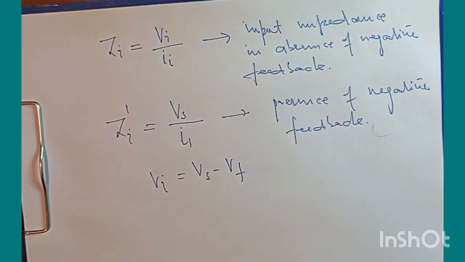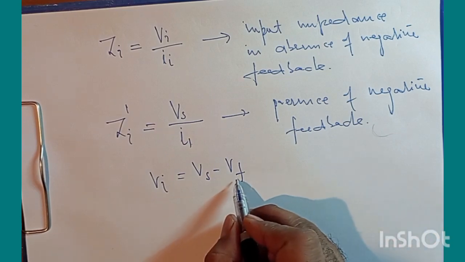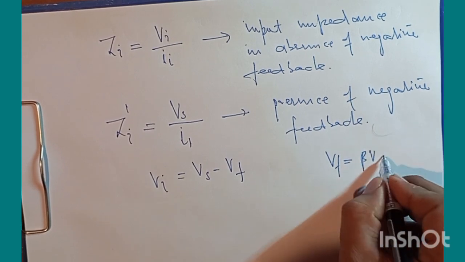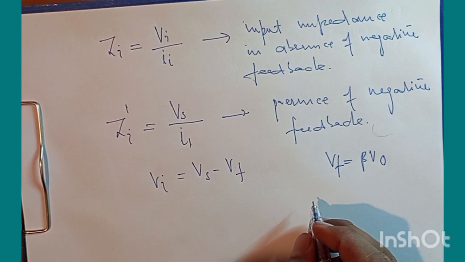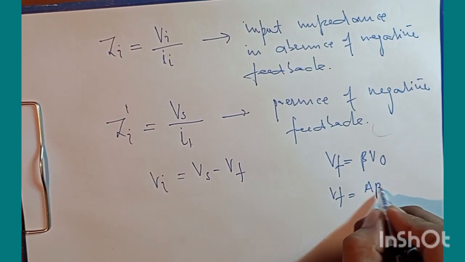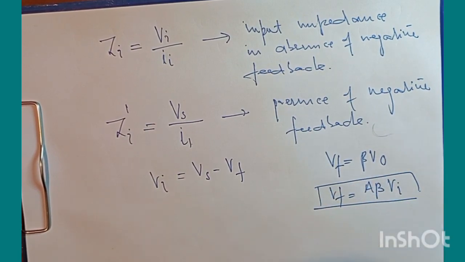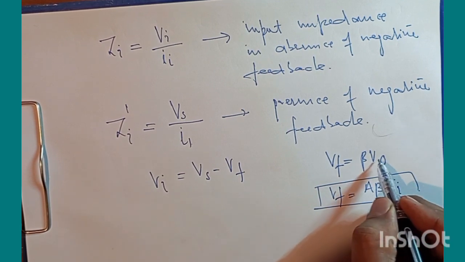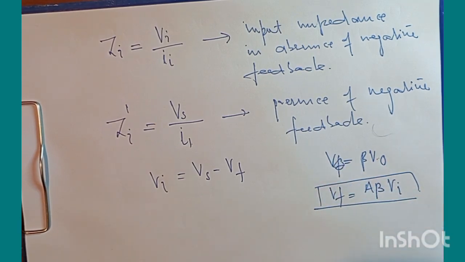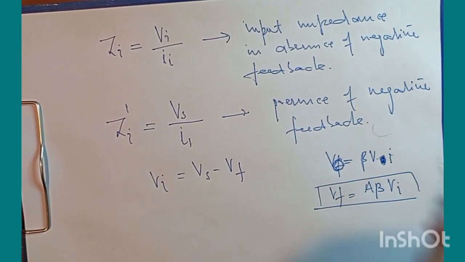This Vf is already defined, and this Vf is basically beta V out. V out here equals A Vi.